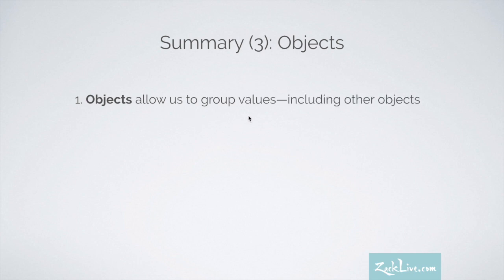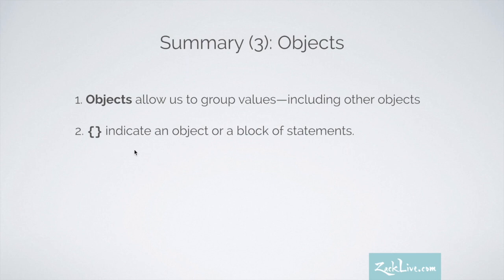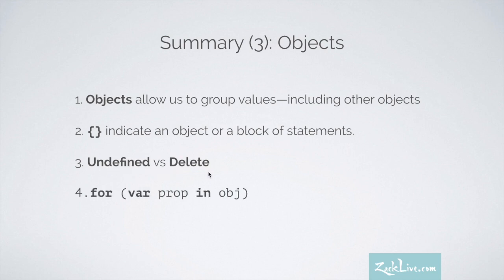Objects allow us to group values, and we use curly braces to indicate an object or a block of statements. The difference between undefined and delete: delete will remove it for good, and undefined will keep the variable but assign an undefined value to it.